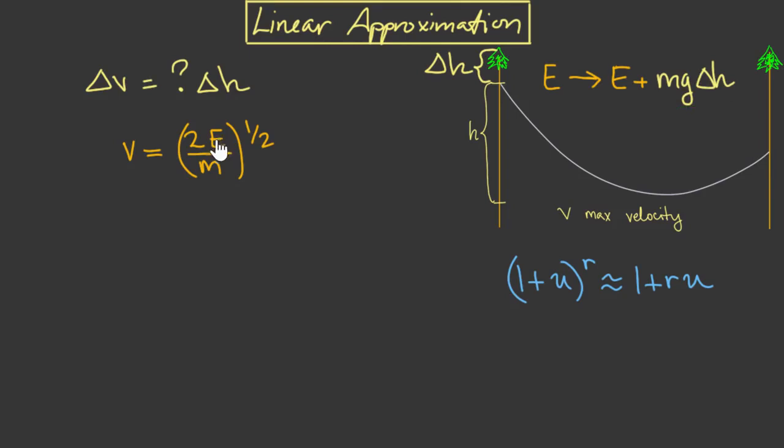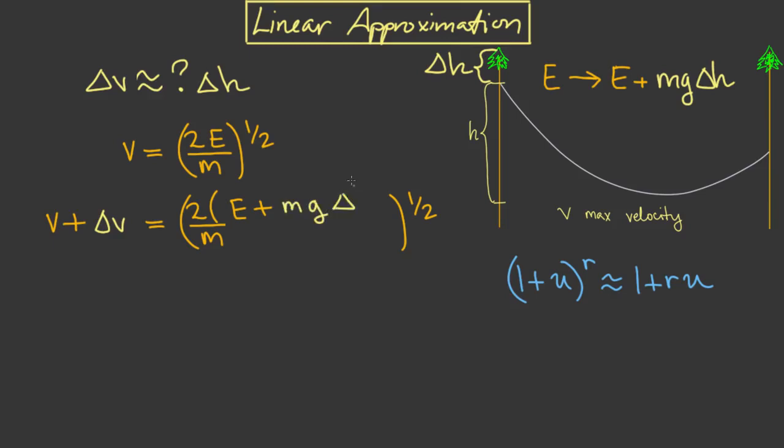So we can use this formula to find the new velocity by plugging in v plus delta v here and the new energy here. So solving for v plus delta v, I get that this is equal to (2 times (E plus mg delta h) all over m) all raised to the 1/2 power.